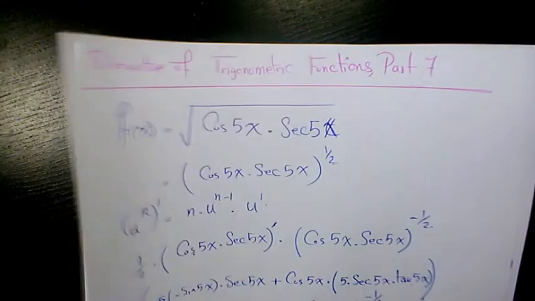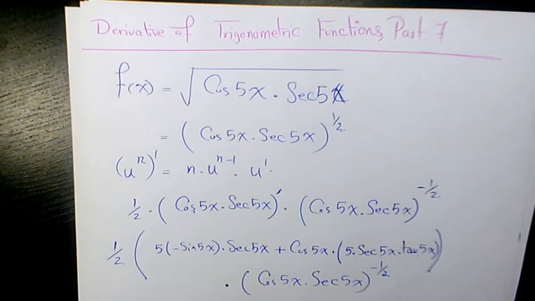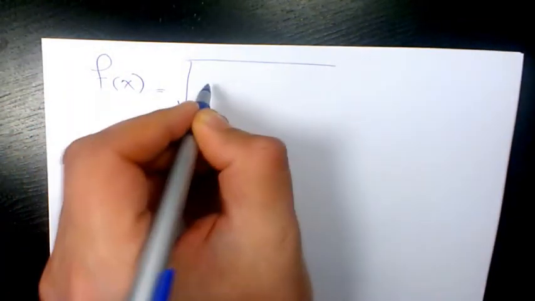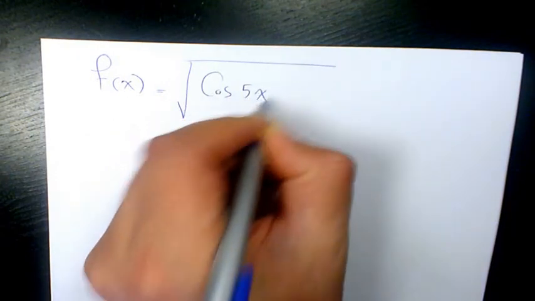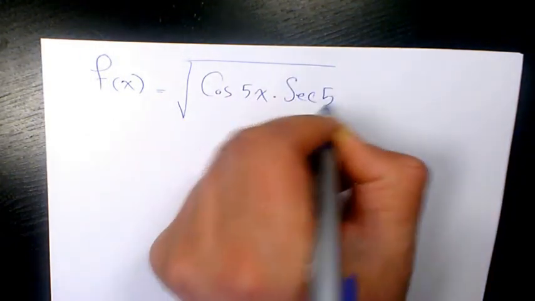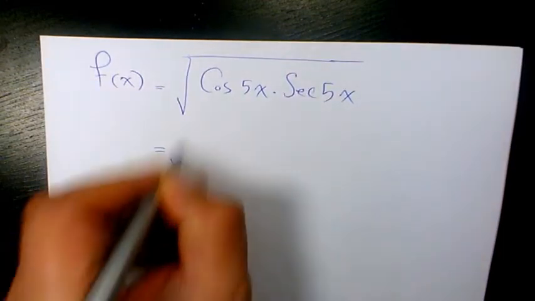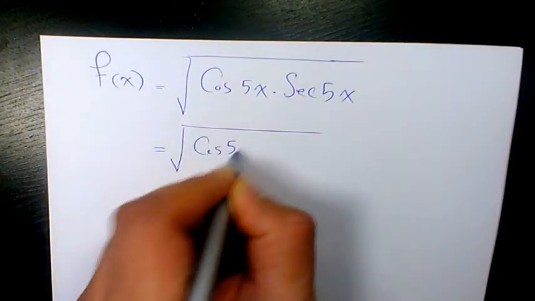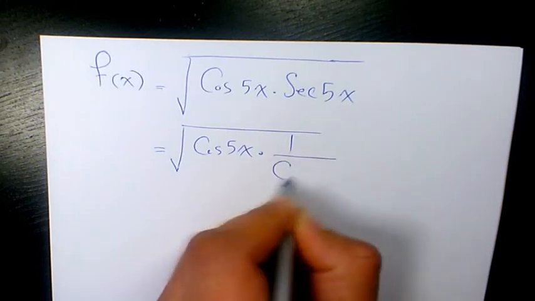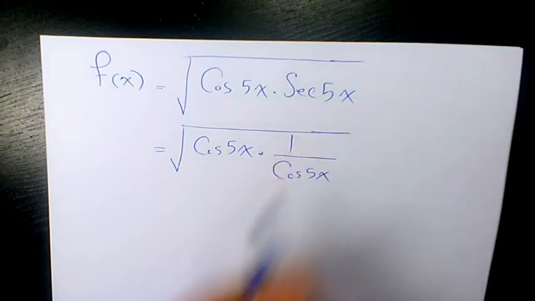Now let me find the derivative of this function in another method, which is going to be a lot easier than this. f of x equals the square root of cosine 5x times secant 5x. I can write it as cosine 5x times 1 over cosine 5x.